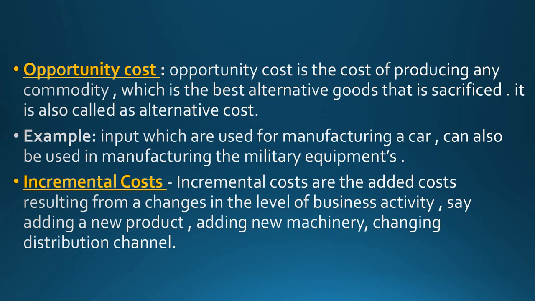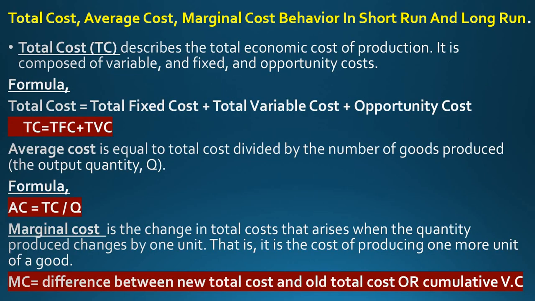Next is total cost, average cost, and marginal cost behavior in short run and long run. First we will see the meaning of total cost. Total cost describes the total economic cost of production.